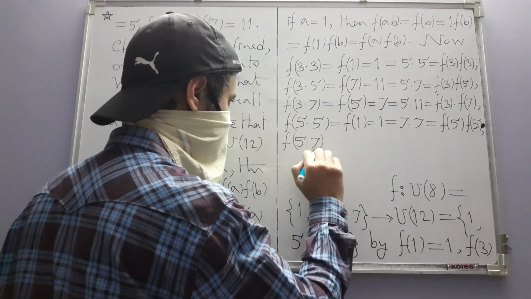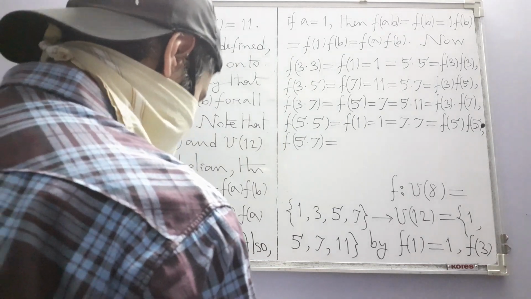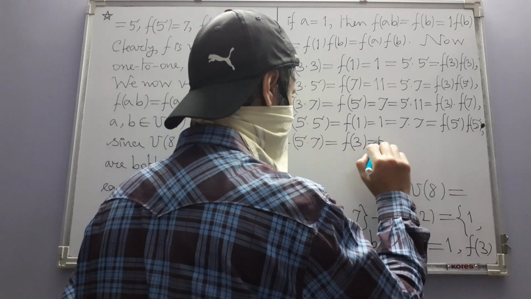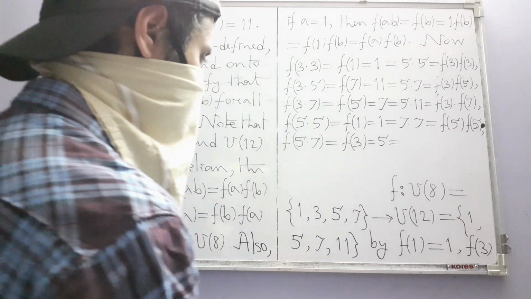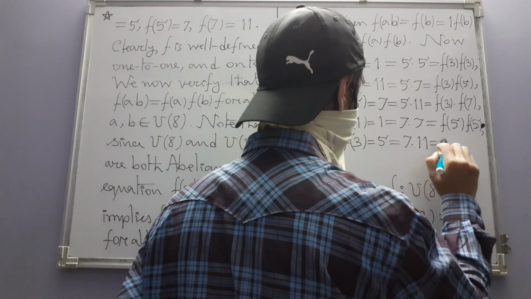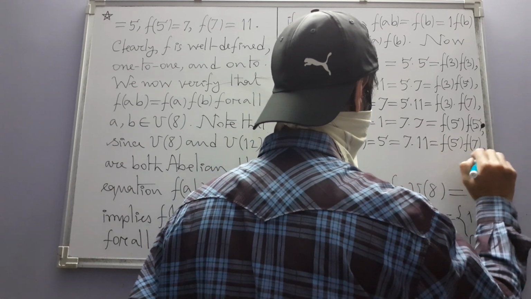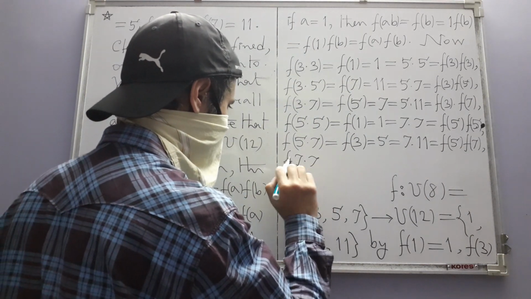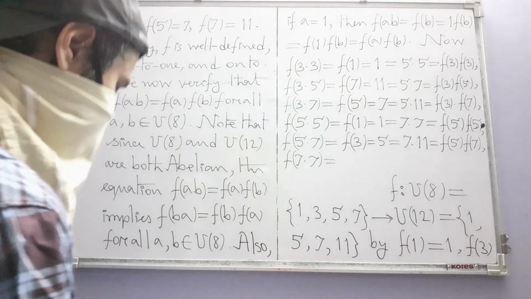Next, 5 times 7. 5 times 7 is 3. f of 3 is 5, and in place of 5 we can write 7 times 11. 7 is f of 5 and 11 is f of 7. And finally, 7 times 7. Now this is going to be 1? Yes.